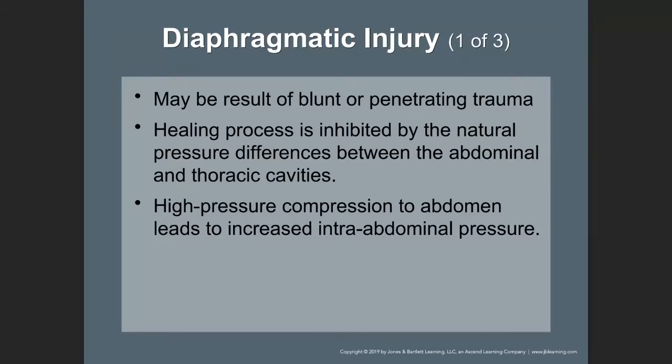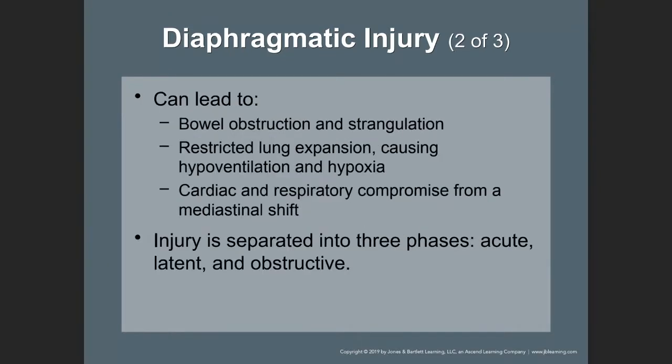Diaphragmatic injury may be a result of blunt or penetrating trauma. Healing process is inhibited by the natural pressure differences between the abdominal and thoracic cavities. High pressure compression to the abdomen leads to increased intra-abdominal pressure, which can be transferred to the chest.